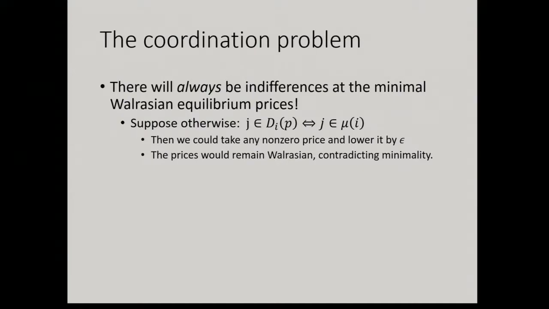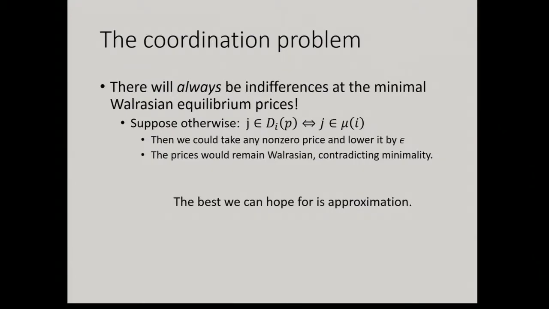Okay, so what that means is that a good j is demanded by some buyer i if and only if buyer i is the one who's supposed to get good j in the optimal allocation. Well, in that case, I could take any non-zero price and I could lower it by epsilon, and I'd still have a Walrasian equilibrium, but that would contradict minimality. Okay, so whenever we've got minimal Walrasian equilibrium prices, we always have indifferences, and genericity is somehow not going to save us from this fact.